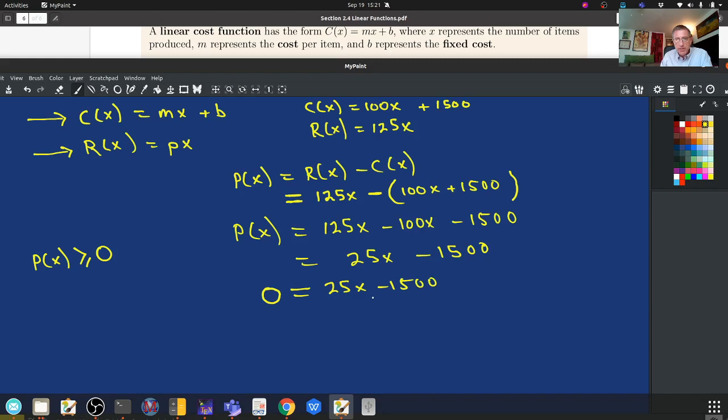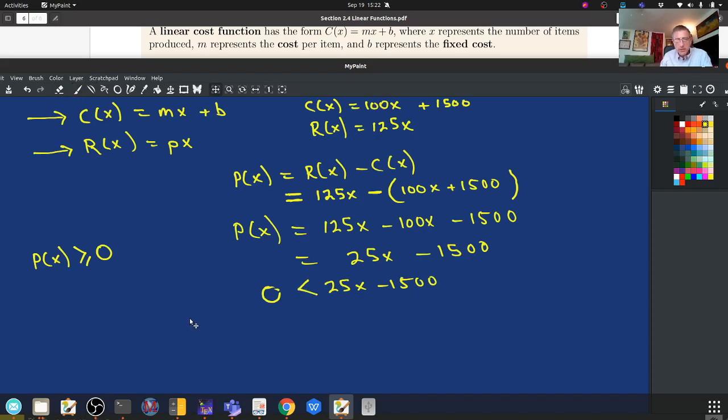And when you find your value of x, you'll know that x must be greater than that. But I don't want to do it that way because they want to know when you're making a profit. Literally, what they want here is when your profit is greater than 0. So let's solve this and we'll be done.